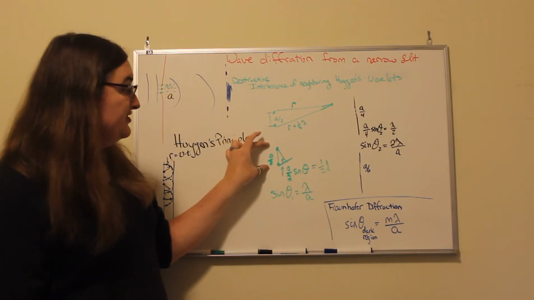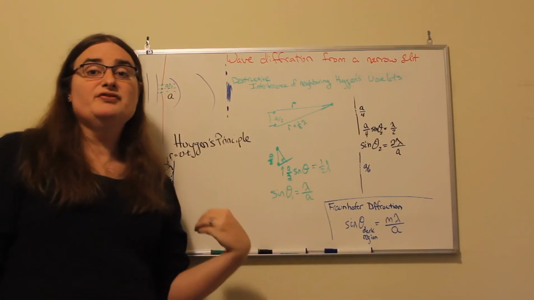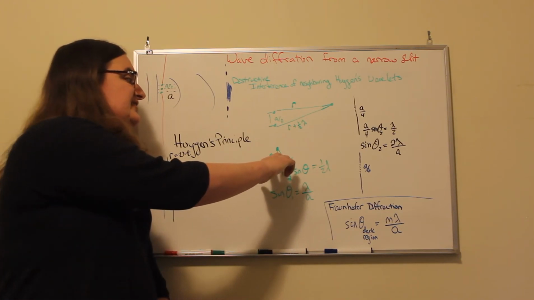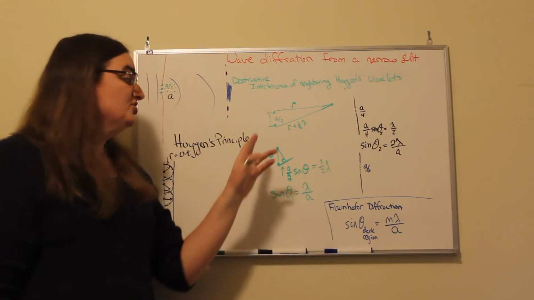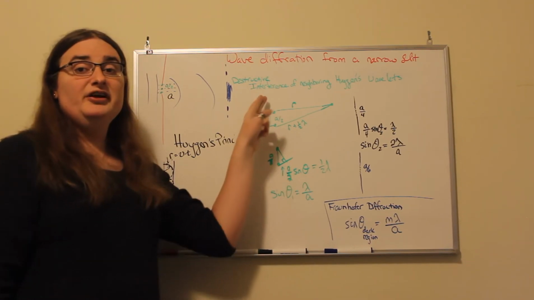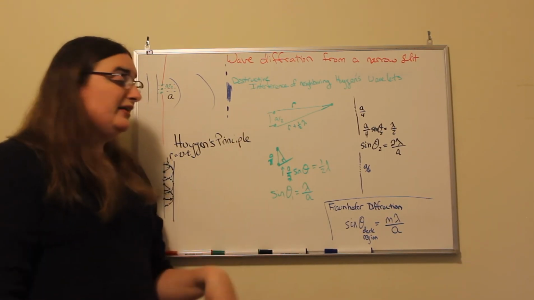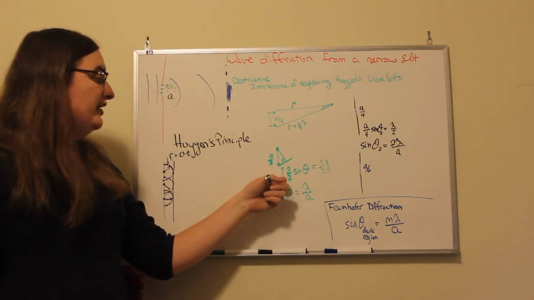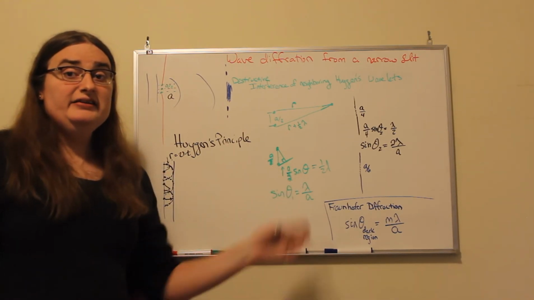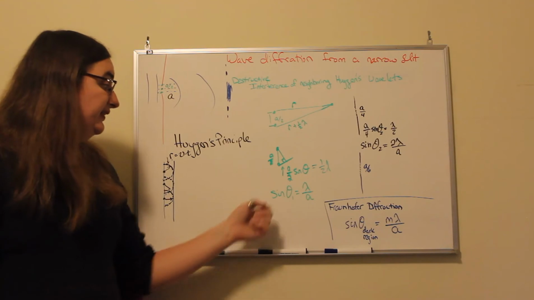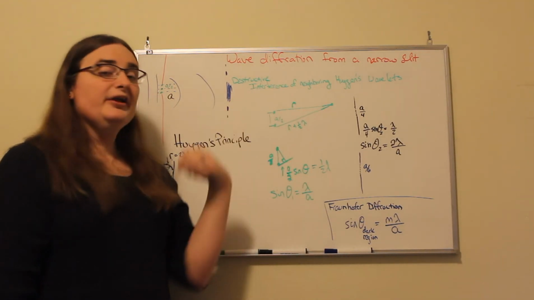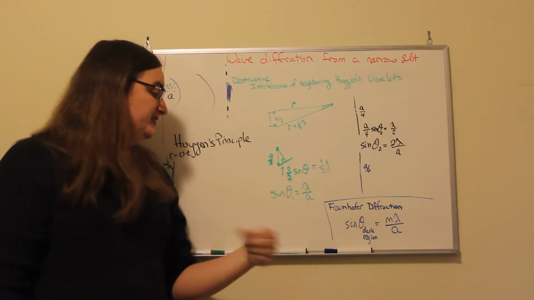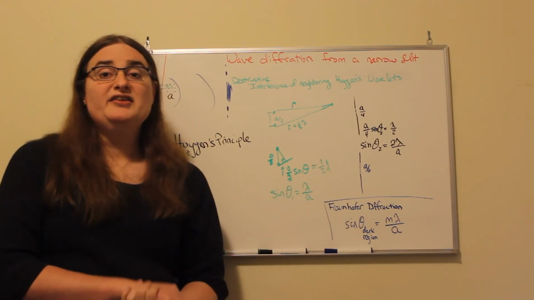Because our aperture size over 2 makes up the hypotenuse of a right triangle, and it's this opposite side that would be the extra travel distance from the bottom wavelet compared to the top wavelet. So, if a over 2 times the sine of theta has to equal half a wavelength, that means the sine of the angle to the first place where we get destructive interference is equal to our wavelength divided by our aperture size.